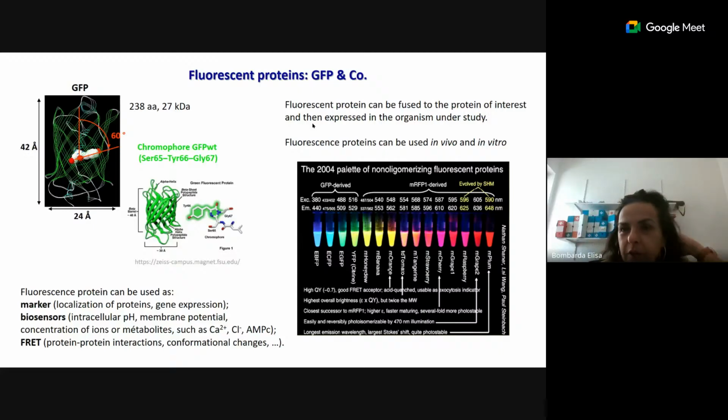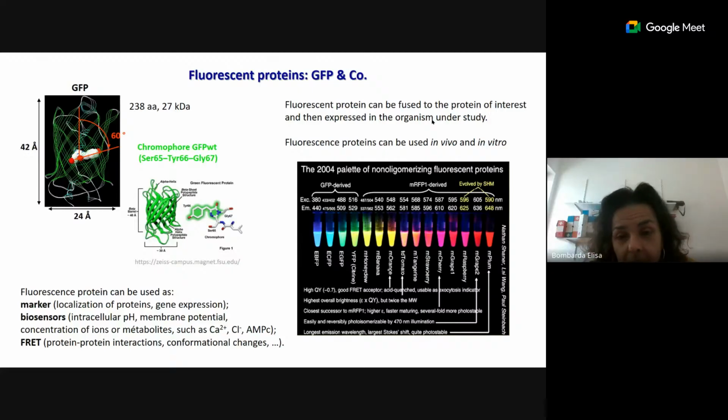This is an advantage because you can express this system in an organism, in a cell. And so that is a staining that is used very much in cells to monitor colocalization and so on, and also interaction. Okay, that is the basic method to use fluorescent protein.